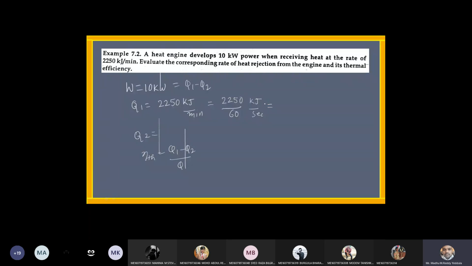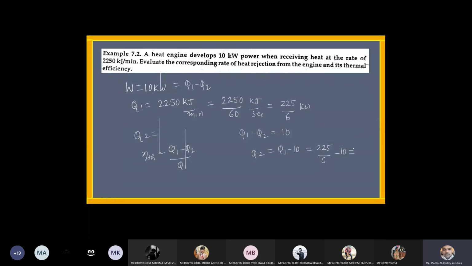Now tell me what is this value? If you simplify, you will get something. Okay, now I am writing 225 by 6 kilowatt. Therefore, Q1 minus Q2 is equal to the given 10, and Q1 is here. Q2 is equal to Q1 minus 10, that is equal to 225 by 6 minus 10.